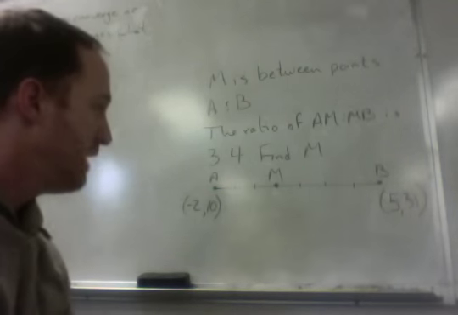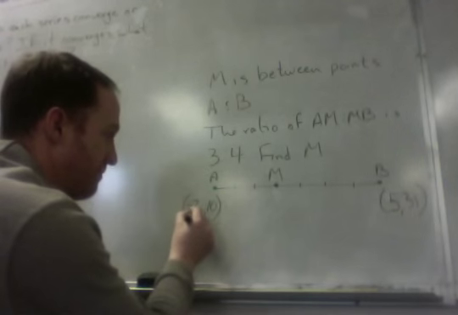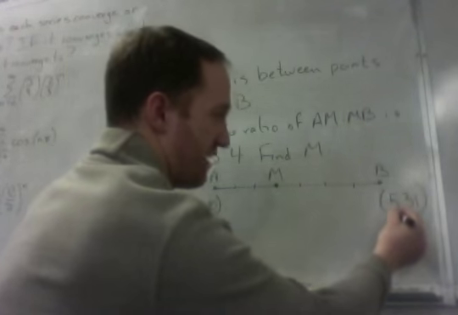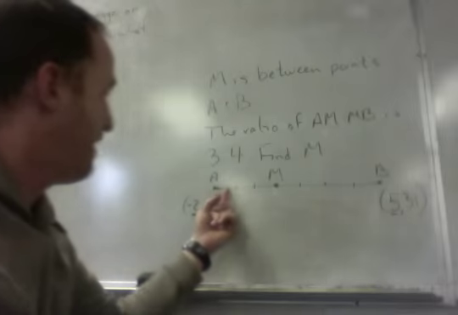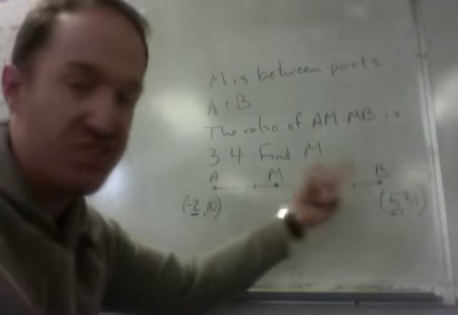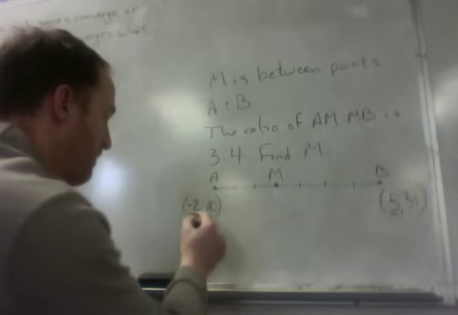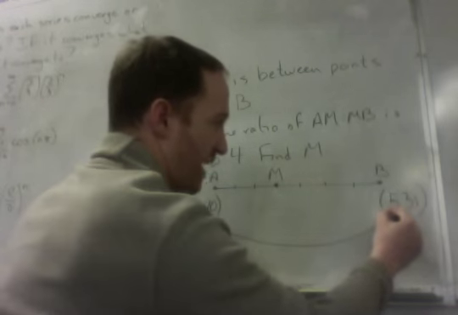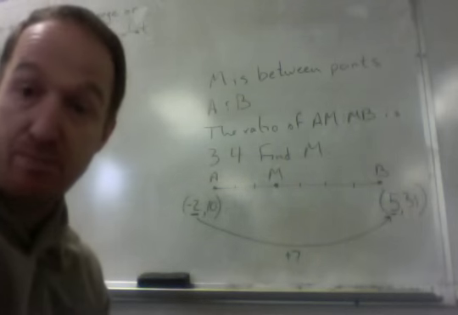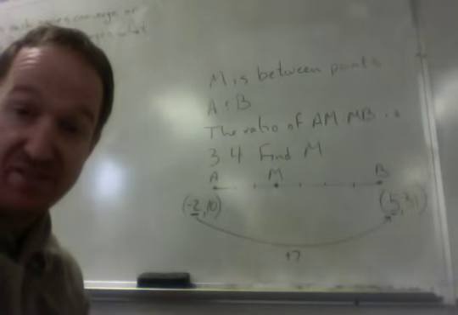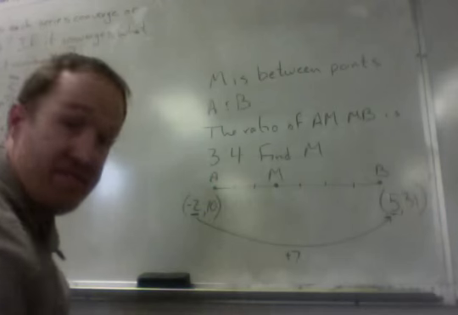Now we look at the x-coordinates. There's an x, and there's an x, -2 to 5. And we've got to go from -2 to 5 in 1, 2, 3, 4, 5, 6, 7 steps. So we know to go from -2 to 5, you've got to go plus 7. But we need to do that in 7 steps. So 7 divided by 7 is 1.